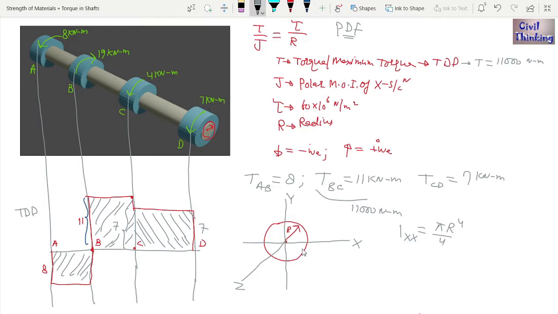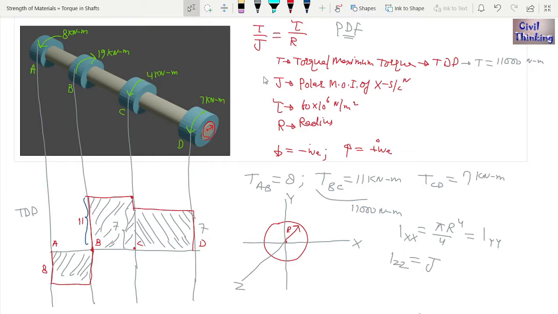Also moment of inertia of this circle about y axis, because it is symmetric, right? So moment of inertia about x axis is same as moment of inertia about y axis, so it is also equal to Iyy. Now z axis is perpendicular or normal to the surface, right? And the moment of inertia about this normal z axis, which is normal to this plane, that is known as polar moment of inertia. That is Izz. This is denoted with J, okay?